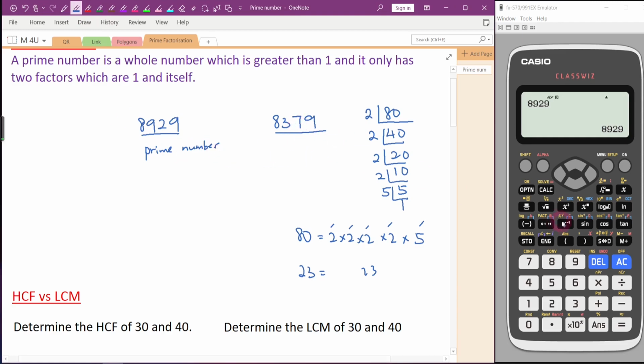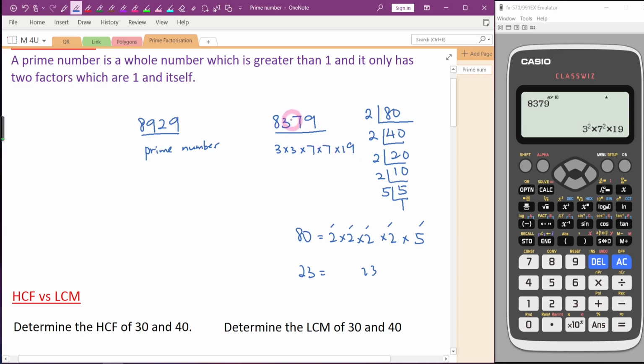How about this? Let's try. 8, 3, 7, 9. Press equal, shift, prime factorization. Oh, now from here we know that the prime factorization for 8379 is equal to 3 squared, means 3 times 3, times 7 squared, 7 times 7, times 19.